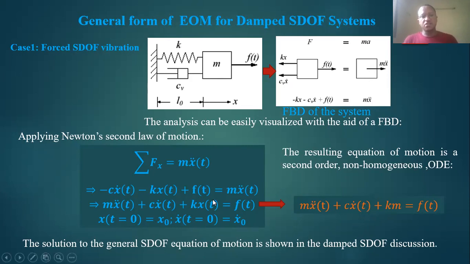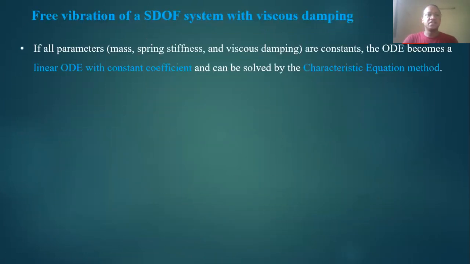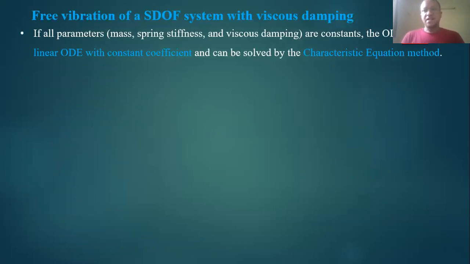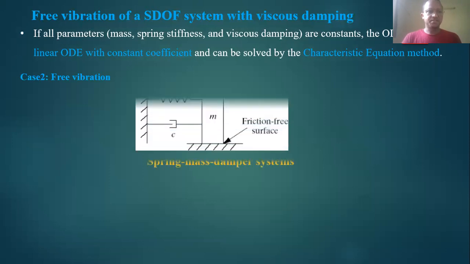The solution to the general single degree of freedom equation of motion is shown in the damped single degree of freedom system in the next slide. If all parameters, that is mass, spring stiffness, and viscous damping, are constant, then the ordinary differential equation that satisfies this condition has a characteristic equation, so we'll solve it using the characteristic equation method.